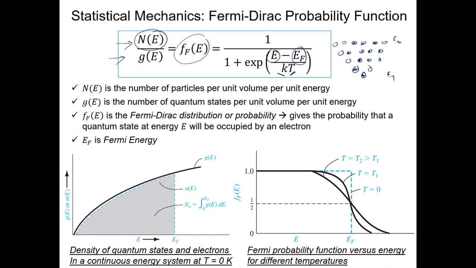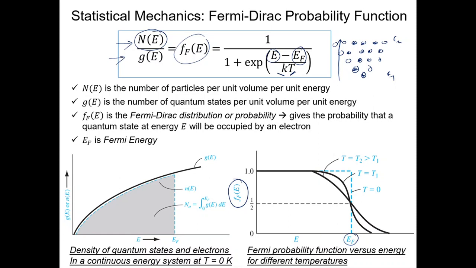So the function which tells you the distribution of filling of these states as a function of energy is the probability distribution function. Now if I plot this, the probability distribution function will look like this, that it will start smearing out at the energy level which is EF.